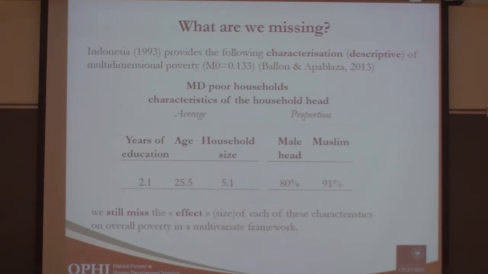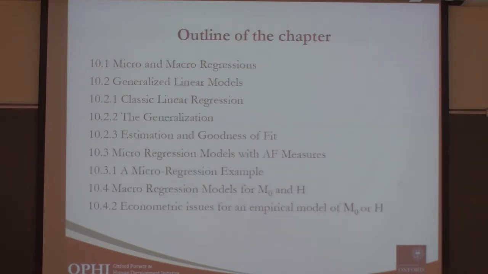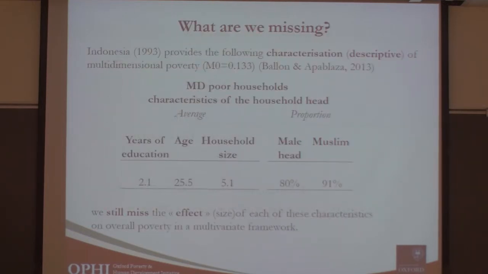This is for 1993. I'm illustrating just a simple table. We computed the M0 for Indonesia using 5 dimensions with different indicators, and we got this number, 0.13, an index for the whole country in 1993. We were interested in trying to understand this number.